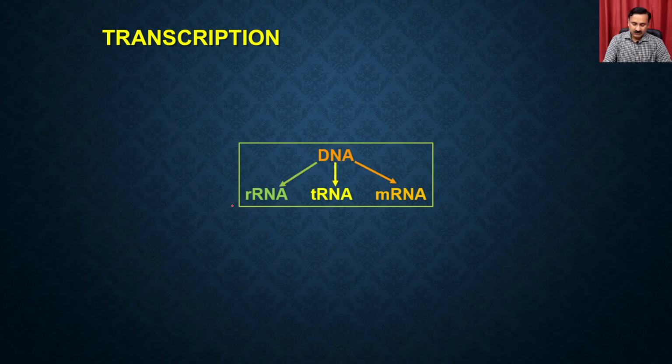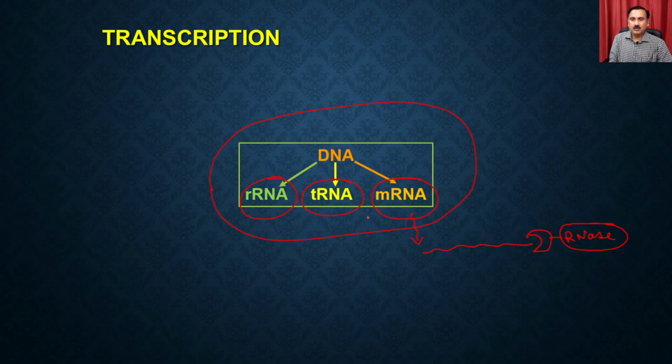molecules, right? Now these RNA molecules, whether they are ribosomal RNA, tRNA, or messenger RNA, are susceptible. For example, the messenger RNA molecule is a single stranded RNA molecule, and these single stranded RNA molecules are susceptible to the different types of RNases present within the cytosol, because once these RNA molecules are synthesized within the nucleus, they are transported outside into the cytosol, right?